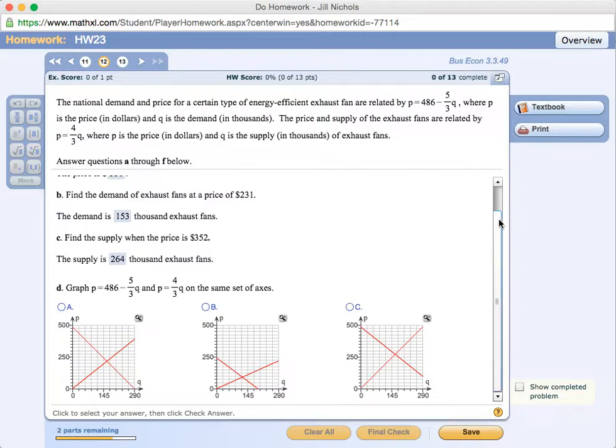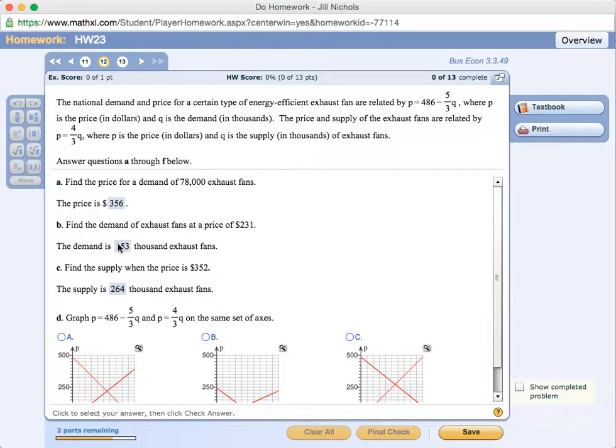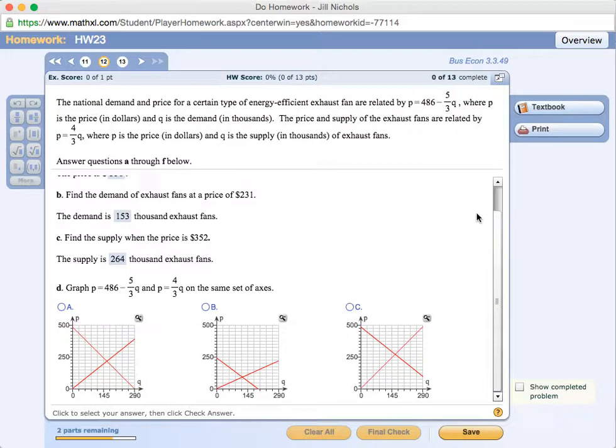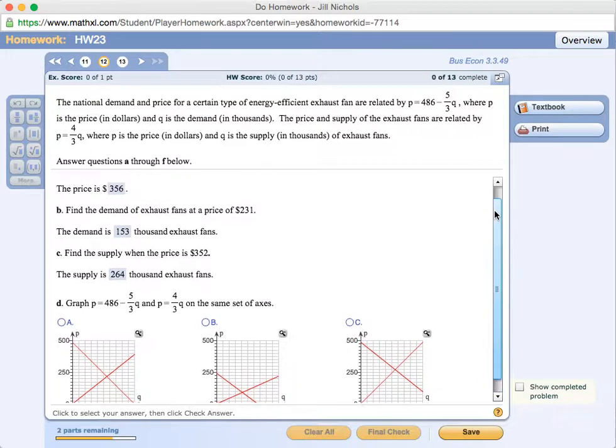Okay, and then we have to select the graph on the same set of axes. All of these numbers that we just found should hopefully be enough information for us to graph it. The demand, when you look at it, has a negative slope, negative 5/3, and that's because as the price P increases, demand decreases.